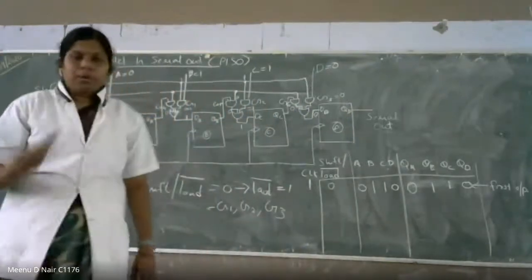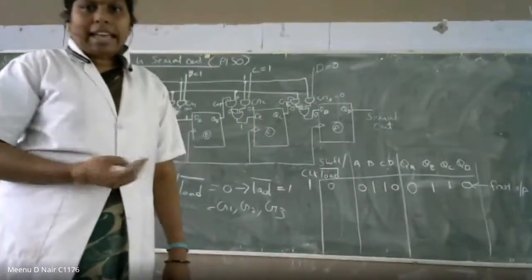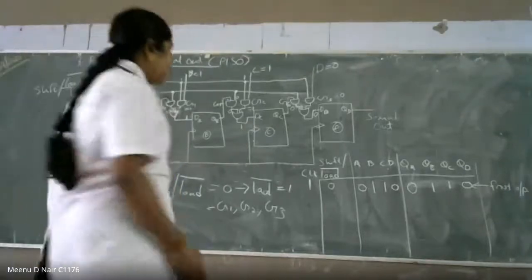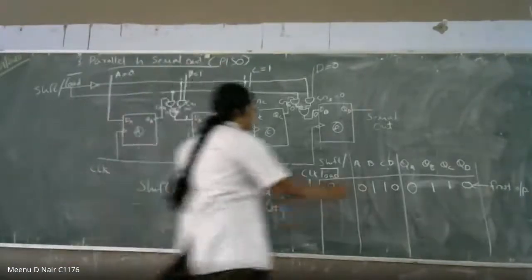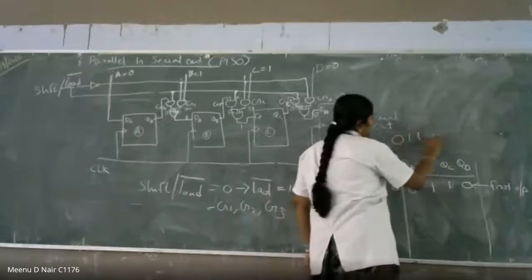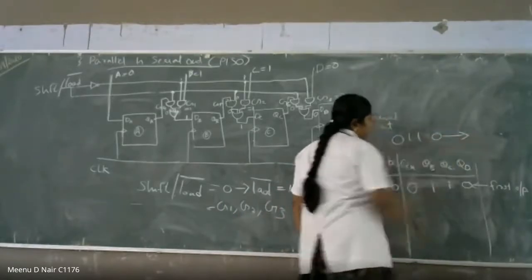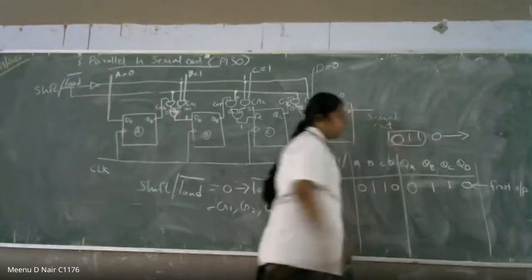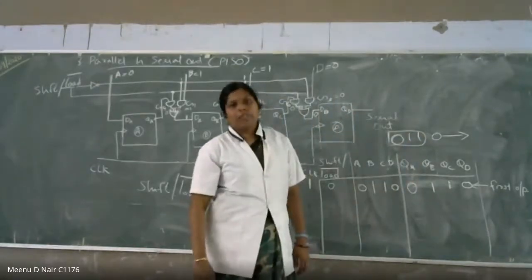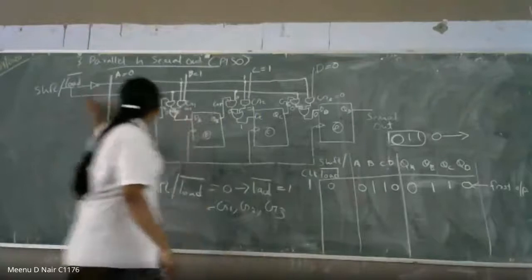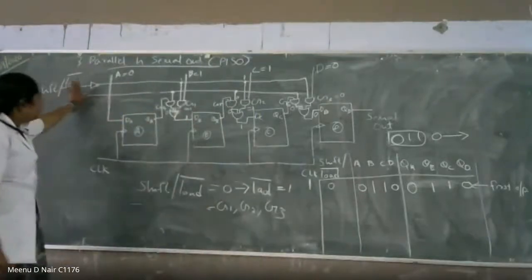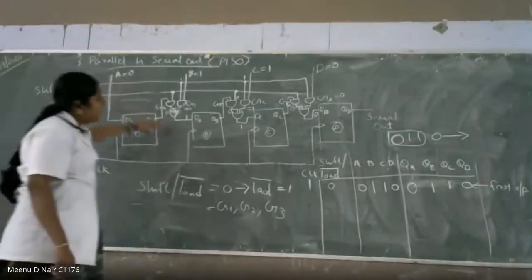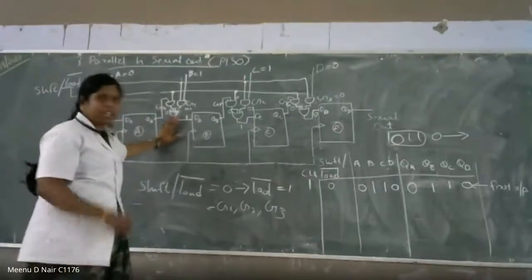Now what do you have to do next? You have to extract all the data, because in this 0, 1, 1, 0, only this 0 is out now. Now you have to output these 3 bits also, so you have to apply the shift operation. Through the load operation, you are entering the data, whatever is there in the input.